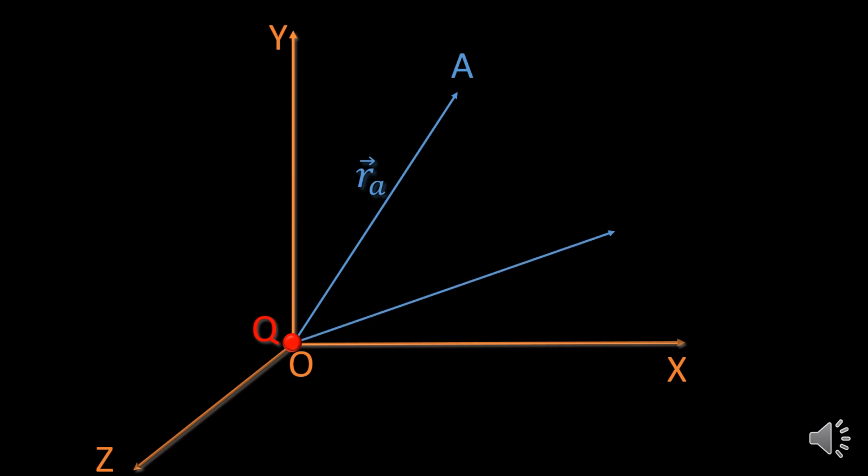Now consider one more situation. Let us consider Cartesian coordinate system now, where we have x, y, z, and let O be the origin, where we will place our source charge Q. So what will happen now? If I have 2 points, say A at position vector r_A and B at position vector r_B, what will happen?